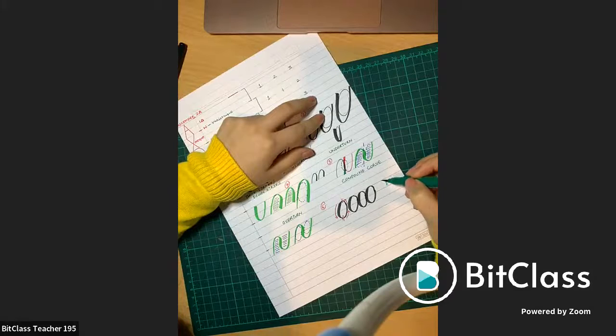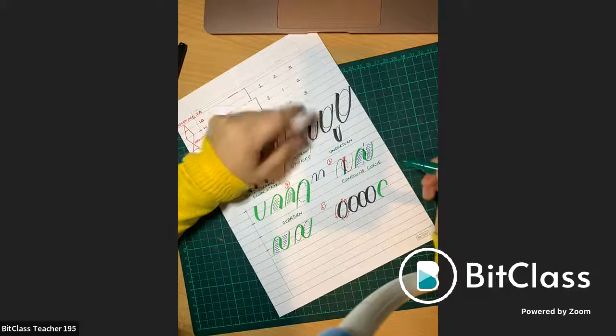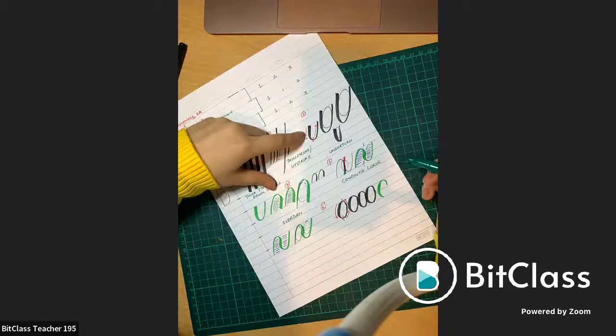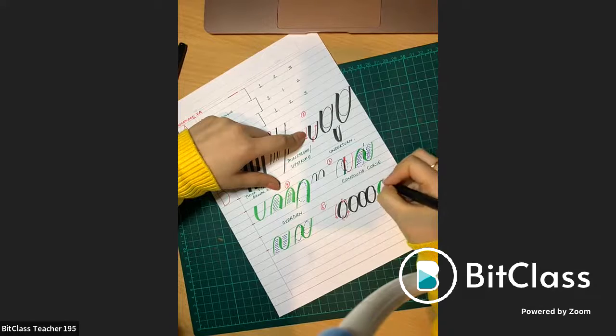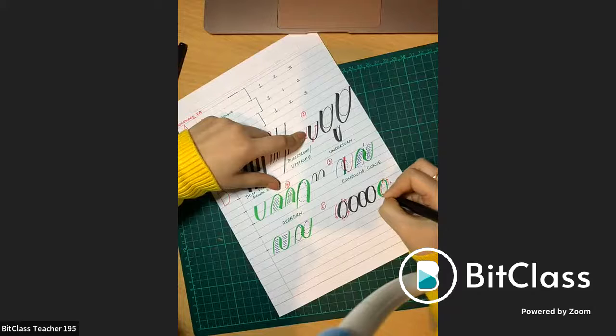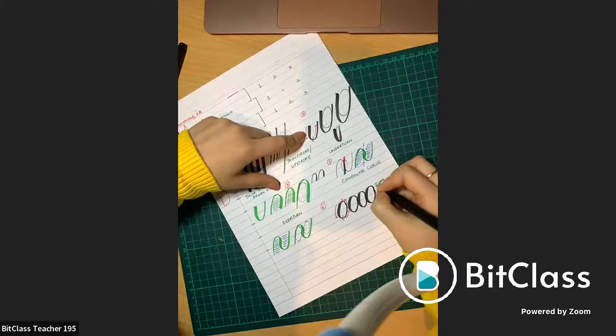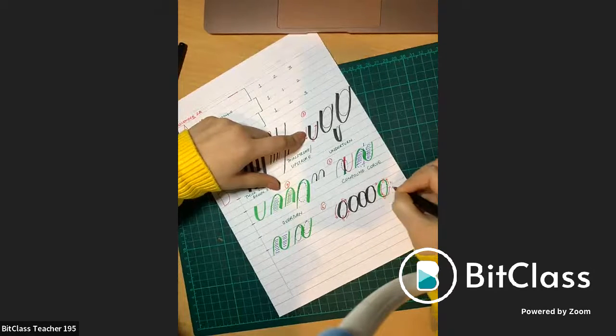So you start with a little curve, thin stroke, come down, make a thick stroke like you did for your undertone, and then slowly go back up and join it. Remember, you have to be really slow and keep taking breaks. So you have to break twice here. So once here, when you go from here to here, this is your first, this is your second, take a break, and then go from here to here.